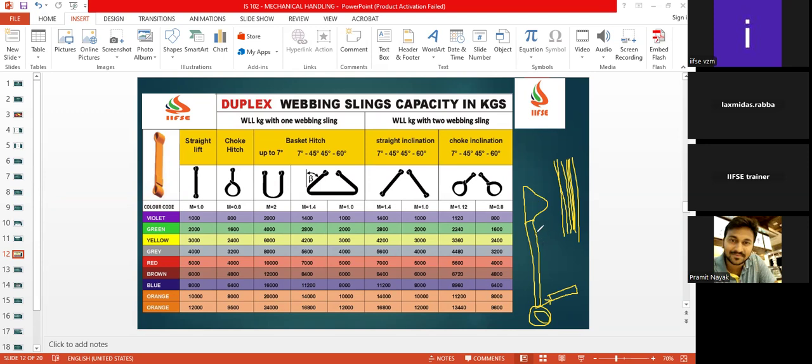Even for this, they will give the rejection criteria as well, at what conditions we have to reject these belts. One is in case of any stitch damage, in case of any cut, in case of any puncture of the belt, or if it is exposed to any heat. Those are a few rejection criteria.